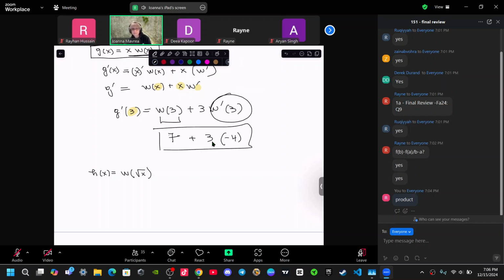Okay. Now, if I ask you for the derivative of this, and by the way, this can be written as W of x to the half. If I ask you for the derivative of h, what rule are you going to use?